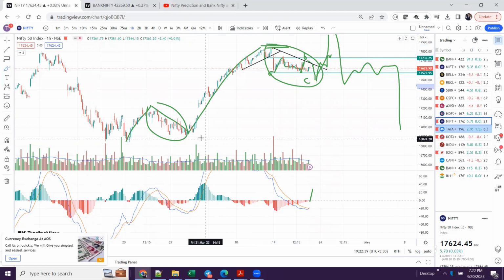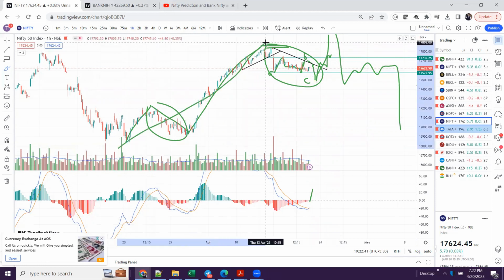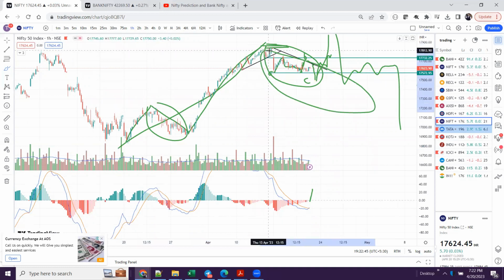It means that then this impulse will be over, and this will be a second structure. As of now, this correction is part of this impulse because this and this correction are equal in length. But if this correction increases, then this will be a separate wave than this wave. I hope this point is clear.